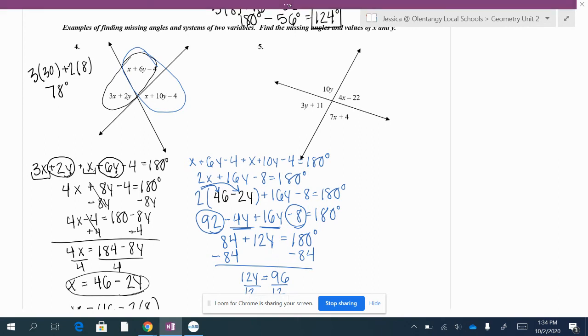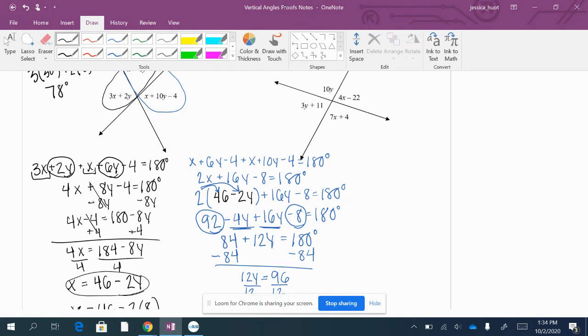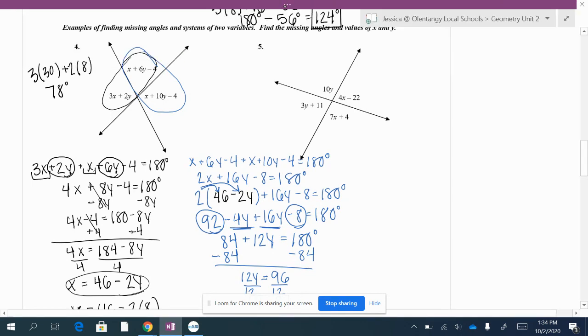Oh, it is not 78 degrees. It is 106. Where did I get 78? 106. Okay, so this angle is 106 degrees.